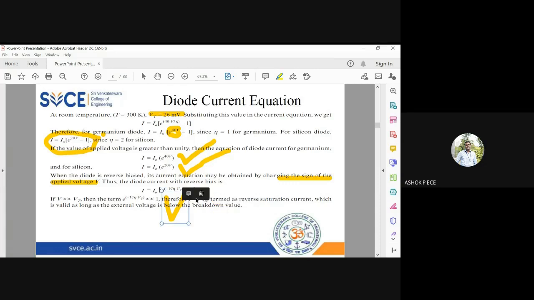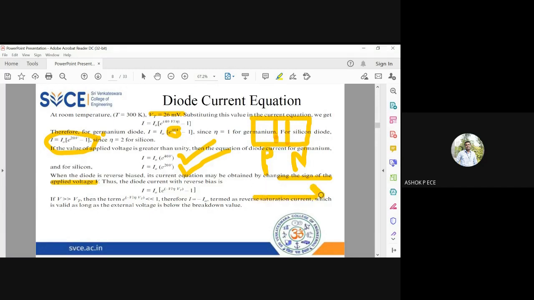Minus I naught. Now the reverse saturation current flows in the direction opposite to that of the actual current in the forward bias. Okay, remember in forward bias, you have the depletion layer here. So electrons and holes will cross the depletion layer. If this is your P, this is your N, and you are applying forward bias, holes will be traveling this way.